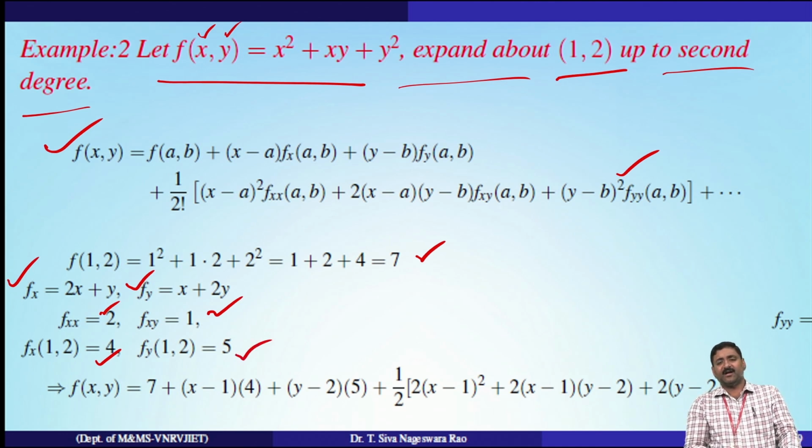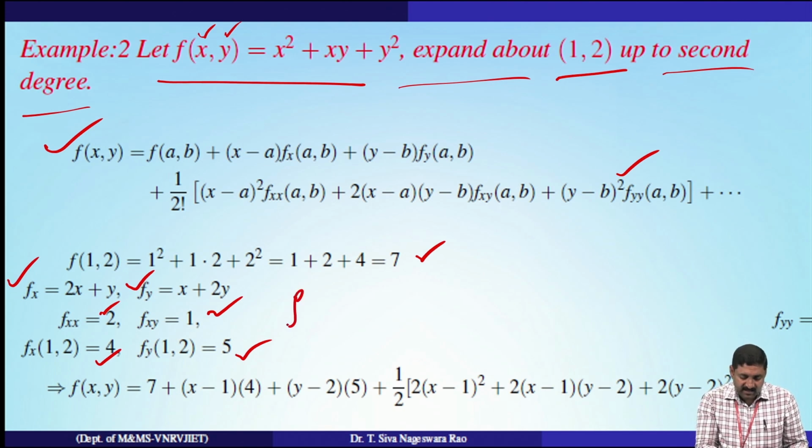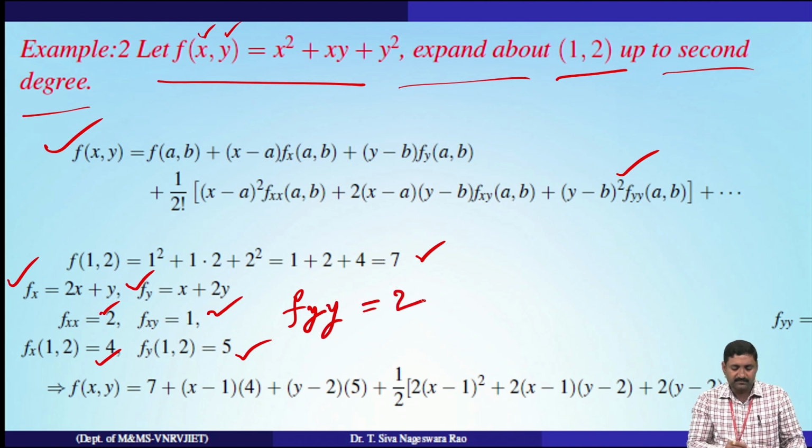Now coming to second order partial derivatives, we will find fxx. You will get fxx value as 2, fxy value as 1, fyx value as 1 and fyy value as 2.